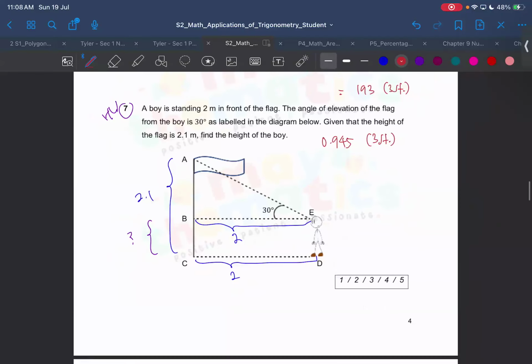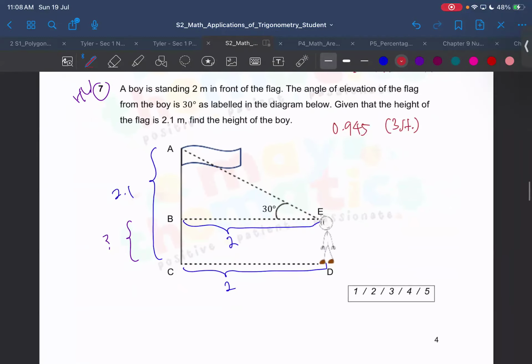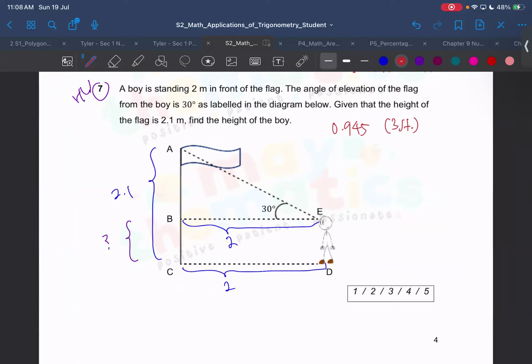So maybe come Caitlin, what do you do first? Find AB. How do you do that? Yeah, correct. Because AB is part of a right-angled triangle. So using your trigo, this one will be your O, this is H, then this is your A. You want to find O, but you only know A. So O and A will be tangent, correct?